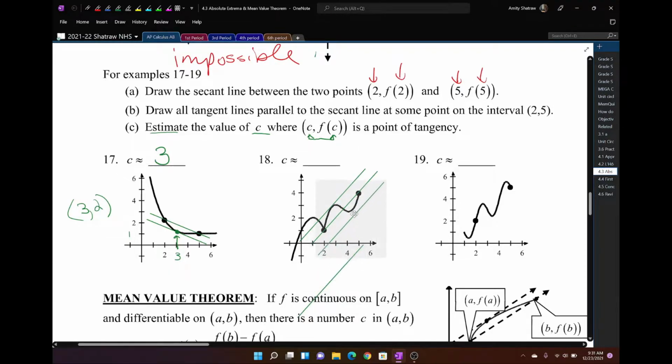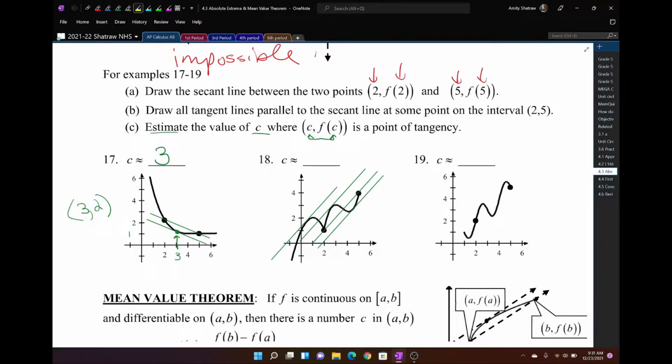Let me try to drag that over there. There's my other slope that's tangent. And then I want to draw one more, and I'm going to tell you that there's a problem with that one. The problem is that it's outside of my range, my interval.